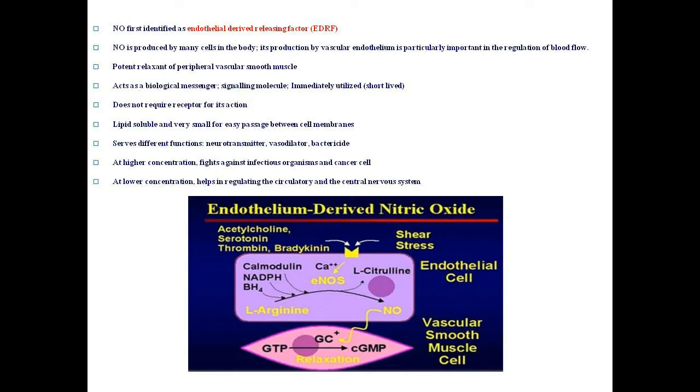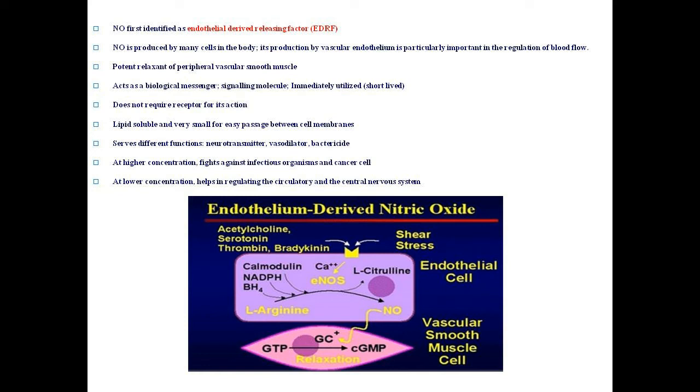As you know, nitric oxide was first identified as the endothelium derived relaxing factor, that is EDRF. And this NO is produced by many cells in the body, and particularly by vascular endothelium.